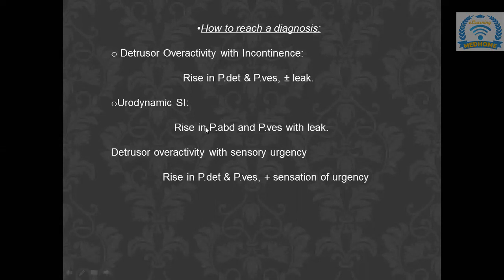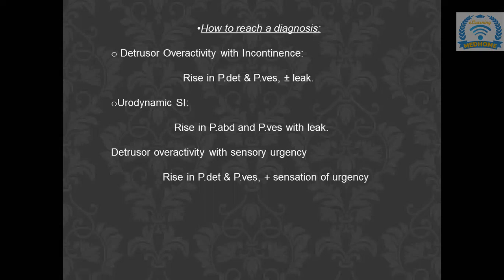Now, when there is detrusor overactivity and there is sensory urgency or sensation of urgency, it is going to be the same as detrusor overactivity with incontinence. That is a rise in the detrusor pressure and the vesical pressure, but there will be sensation of urgency or the bladder capacity is reduced. Whenever there's going to be sensory urgency, you have a single hint from the question: that the capacity of the bladder is reduced.